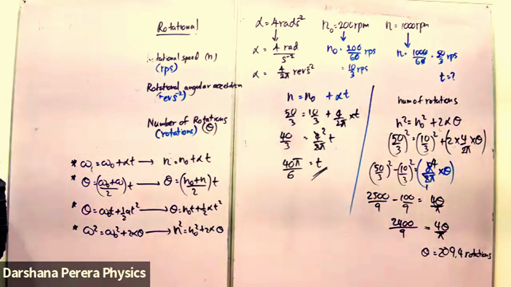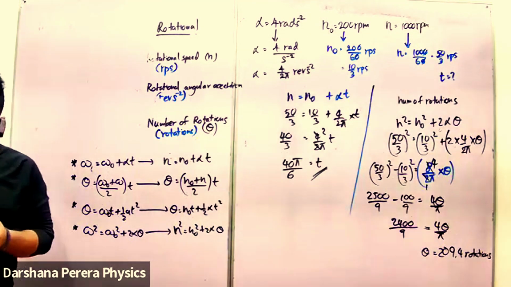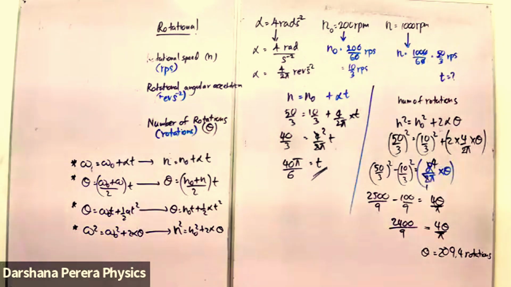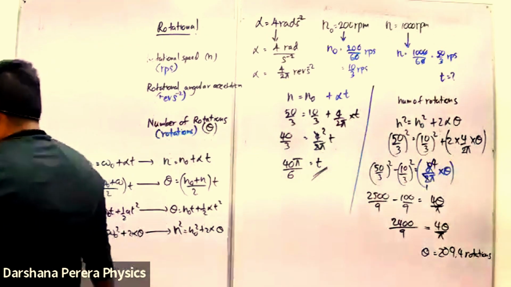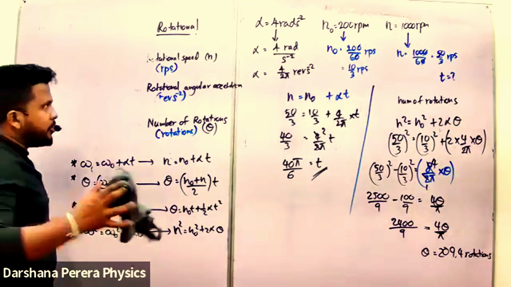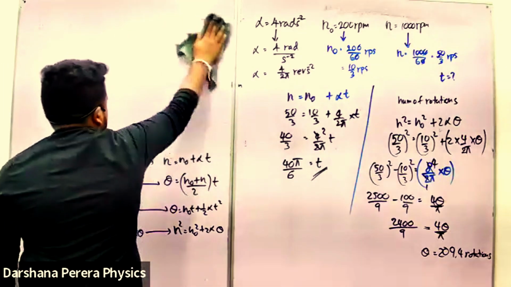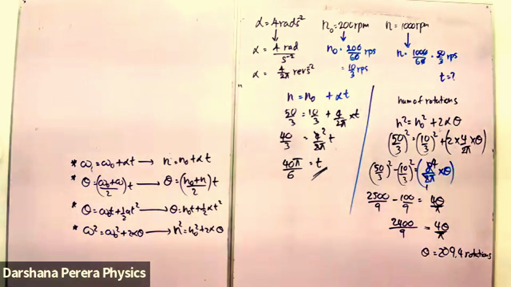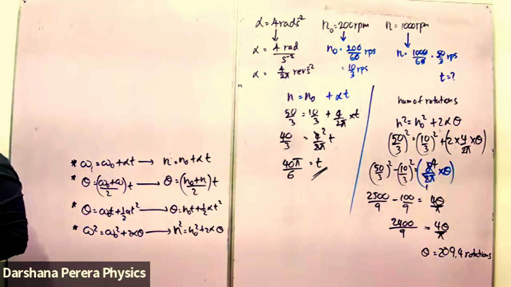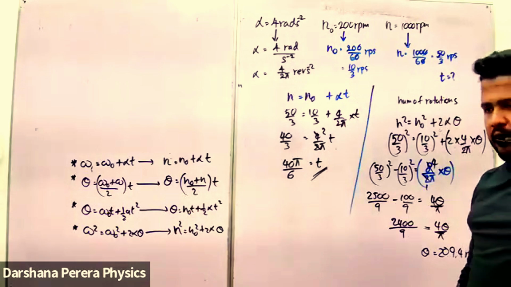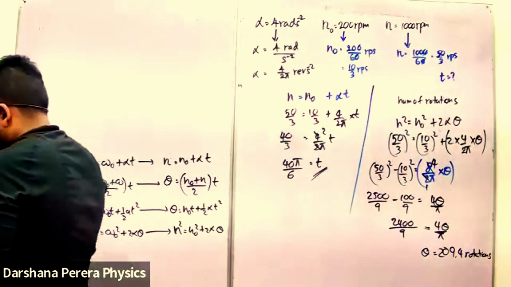A rotational wheel increasing its rotation from 120 rpm to 360 rpm with 600 rotations.